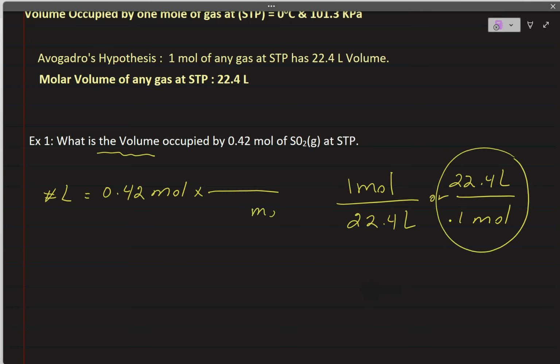Mole goes in the denominator because we have mole in the numerator on the left hand side, and then the liter goes on top. 1 mole is 22.4 liter. That is the molar volume.